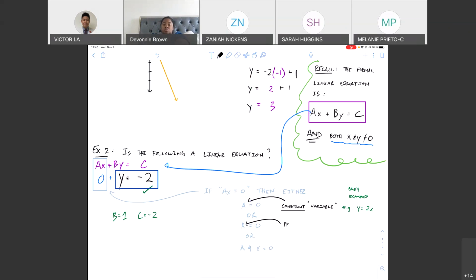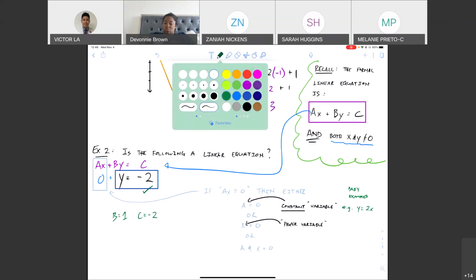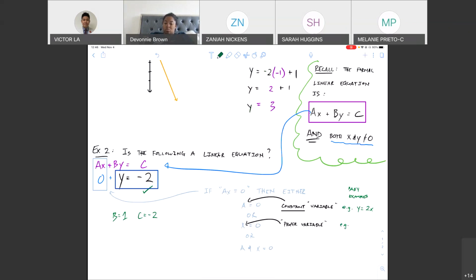This is your proper variable. This is an actual variable where you don't know the number and you plug in a variable, right? So our baby example for that is saying n, a number n.